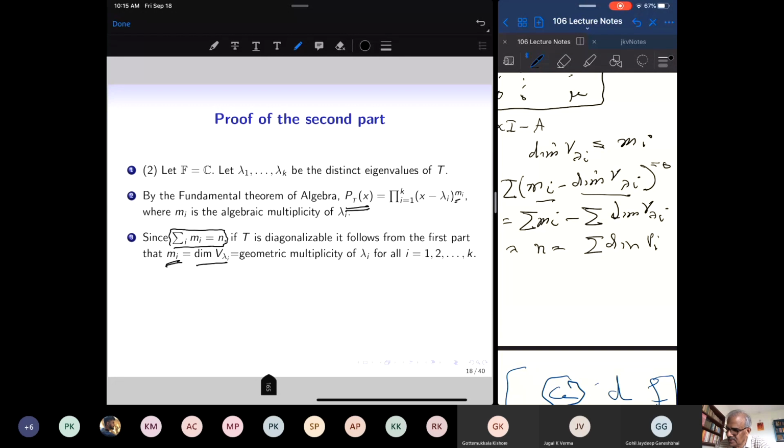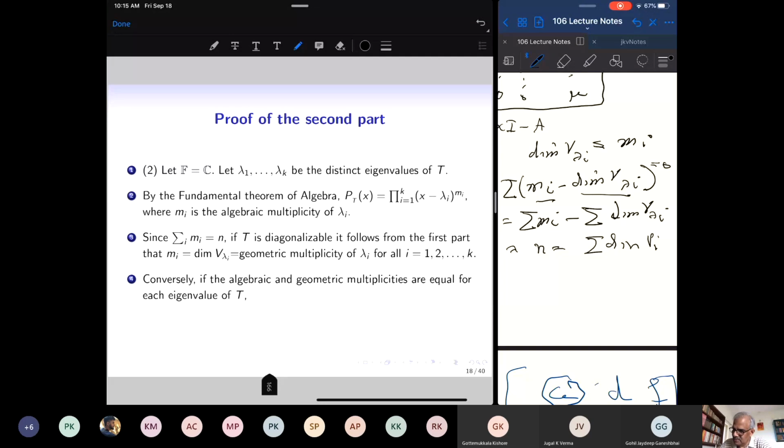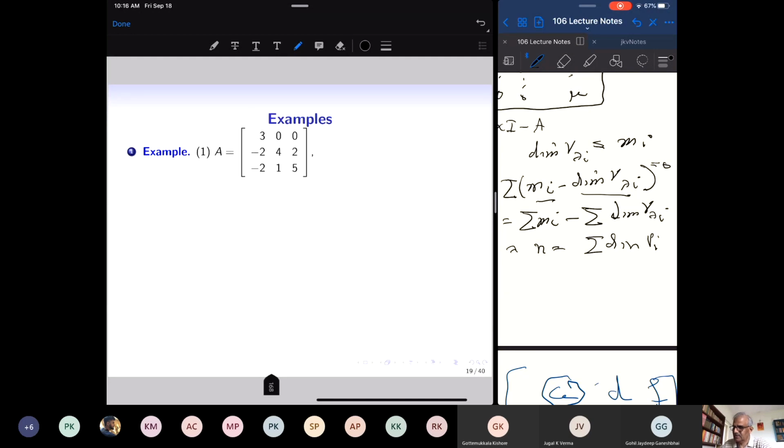So by part 1, T is diagonalizable. Conversely, if algebraic and geometric multiplicities are equal for each eigenvalue, then the sum of the dimensions of the eigenspaces is n, so T is diagonalizable.